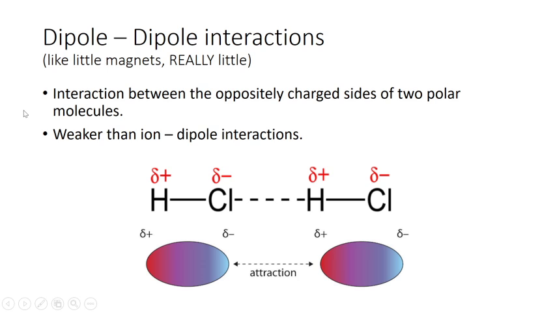And hopefully this diagram looks familiar, as you saw it maybe about a minute and a half ago. Here we have hydrogen chloride, or hydrochloric acid, and there is an interaction between the partially negative side, the chlorine, and the partially positive side, the hydrogen. Those two are interacting, and they are attracted to each other.